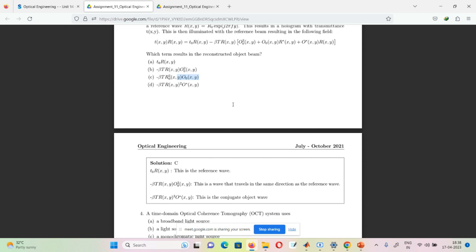Now my question is, what kind of image are you seeing in a hologram when we are looking, whether a virtual image or a real image? That's the question. What kind of image are you seeing in a normal hologram? Virtual. Any other answer?